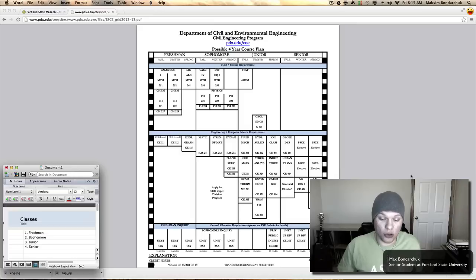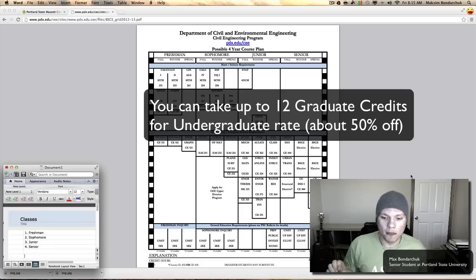And you might say, why are you doing that? And here's the biggest tip when it comes to finances. You can take up to 12 credits of graduate classes for the undergraduate rate, meaning that usually graduate rate classes is 5,000 per 12 credits, and undergraduate is 2,500 for 12 credits.